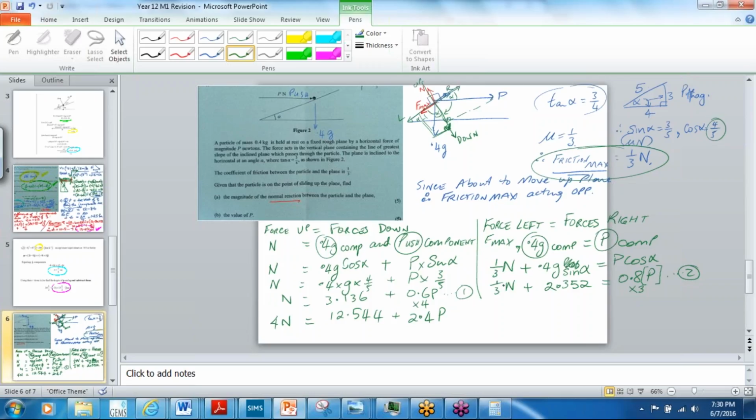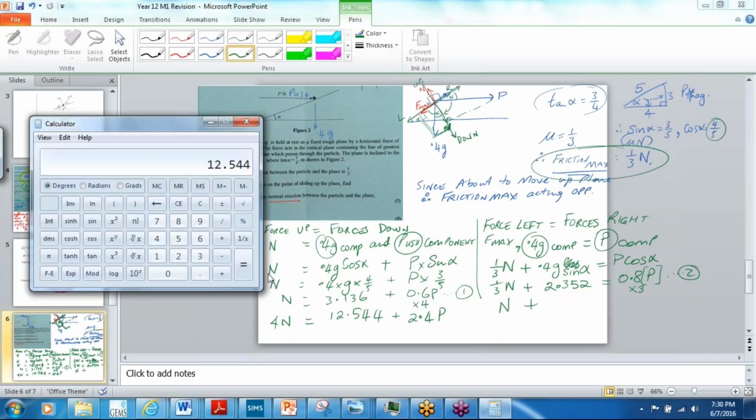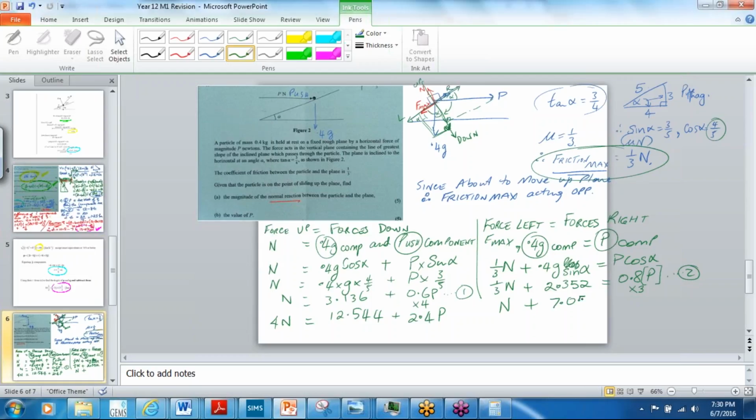Times everything by 3. So 1/3 times 3 is 1, so that's N. 2.352 times 3, 7.056 equals 2.4P. So all I've done is I've tripled this equation, and I've timesed that equation by 4. If I take the new equation 1 and minus the new equation 2, I'll get 4N, take away N, I get 3N.